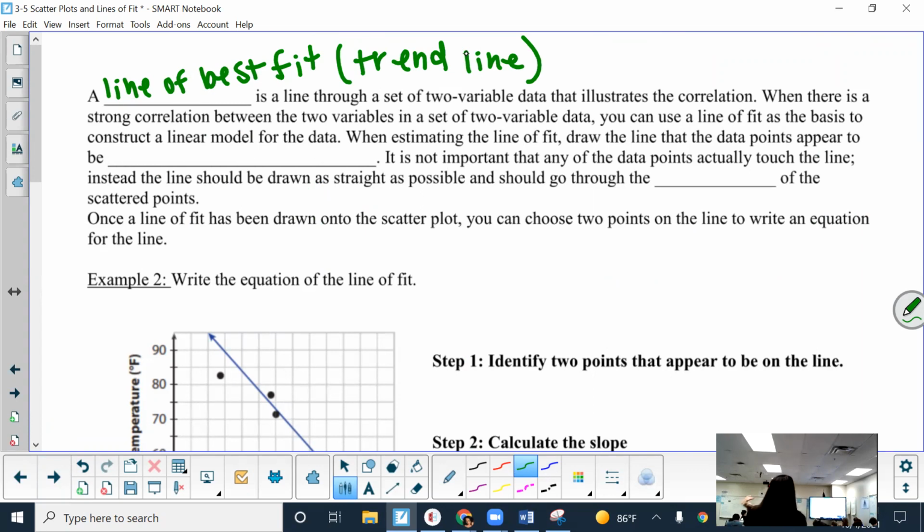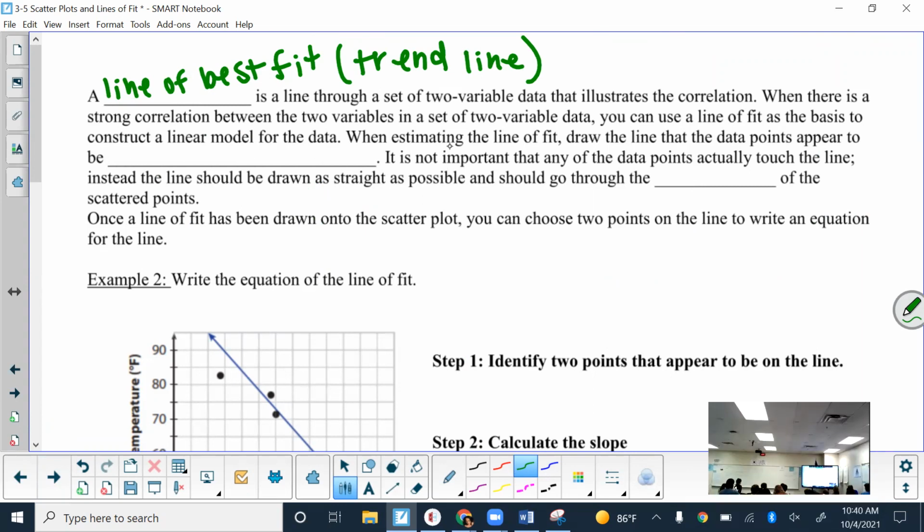But like I mentioned before, it's a line that goes through a set of data to illustrate the correlation. So when there's a strong correlation between the 2 variables, you can use that line of fit to construct a linear model for the data. So in more student-friendly terms, I can use the y equals mx plus b line to estimate for any input or output that we didn't necessarily collect in our experiment or in our data set.